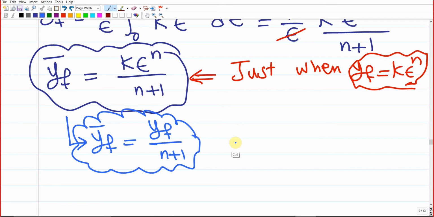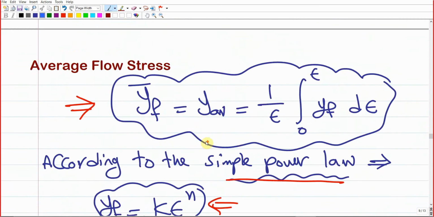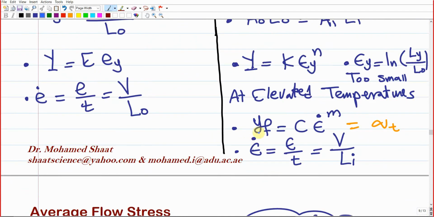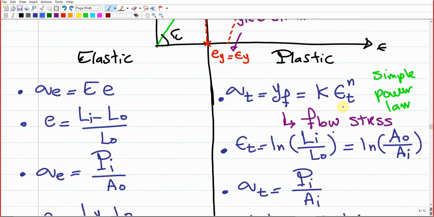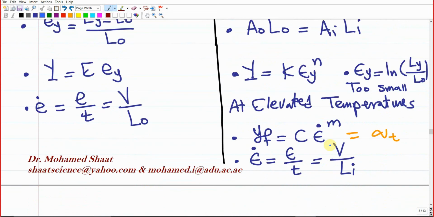Make sense? Also, if you remember, we said that the flow stress YF can be represented as C epsilon dot bar to the m, or as K epsilon bar to the n. Both are simple power laws, but one depends on the true strain and the other depends on the true strain rate.